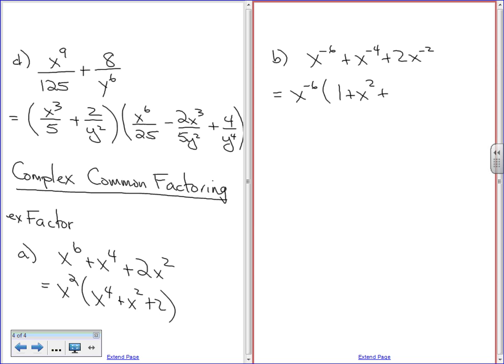And then the last one. Again, it just takes a second to make sure you've done it correctly. Multiply this back in your head and make sure you get that times that is that.